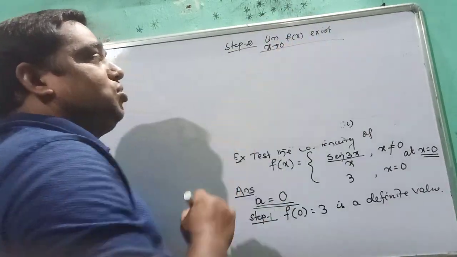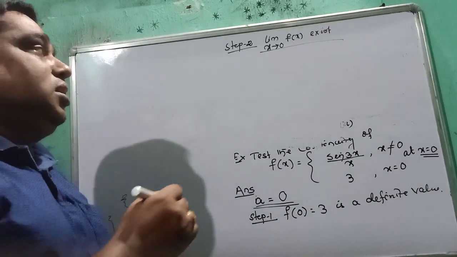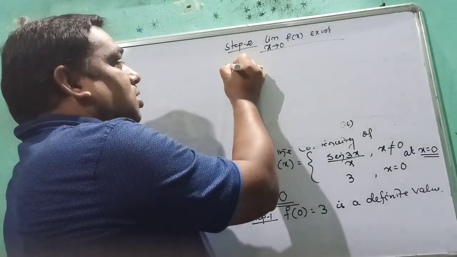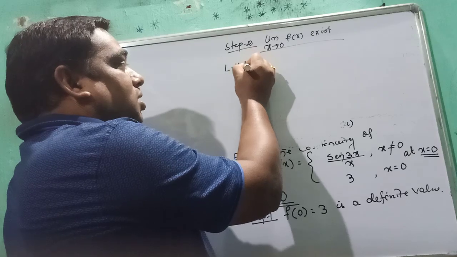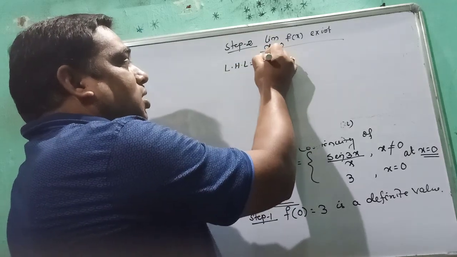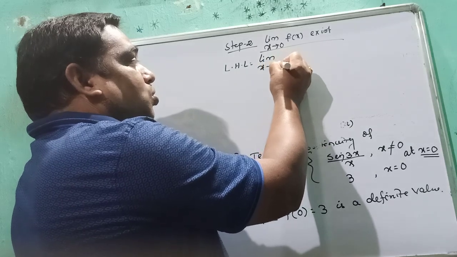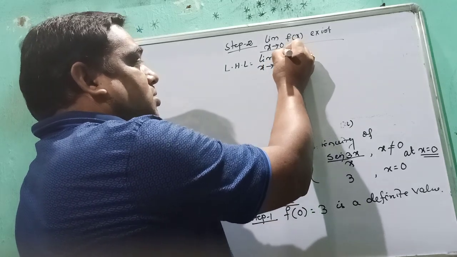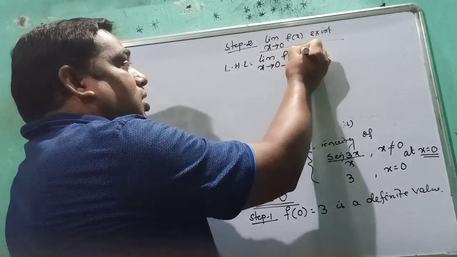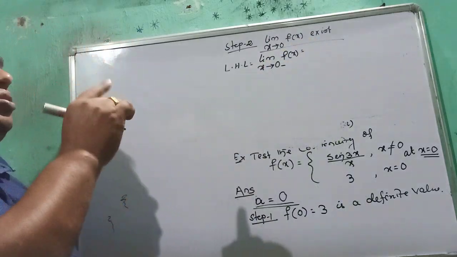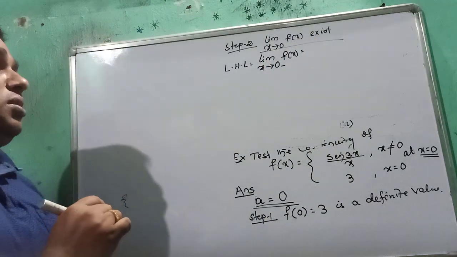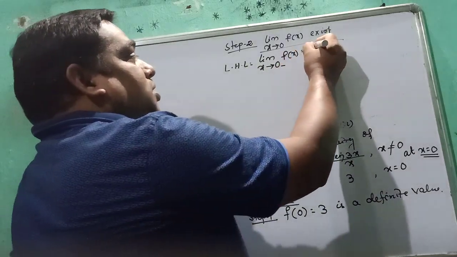First we find the left hand limit. What is the left hand limit? Limit x tends to 0 minus of f(x), which you already read in first year.